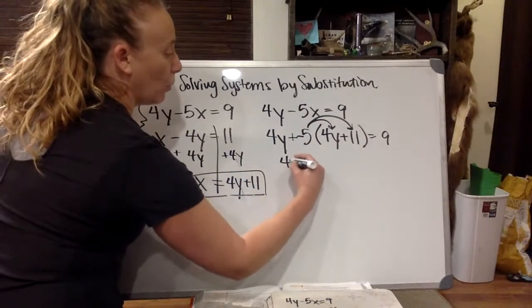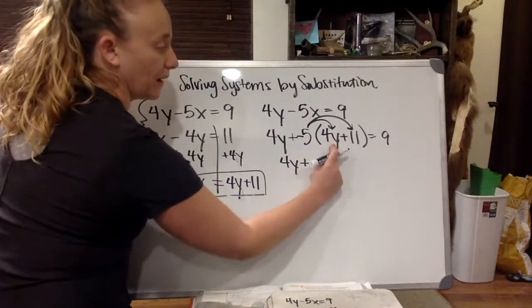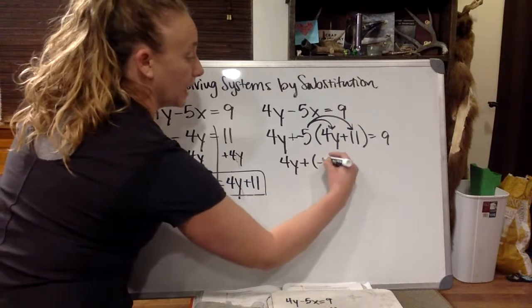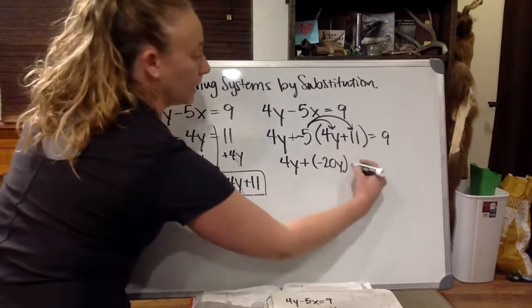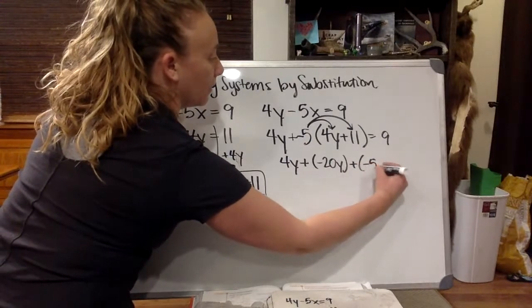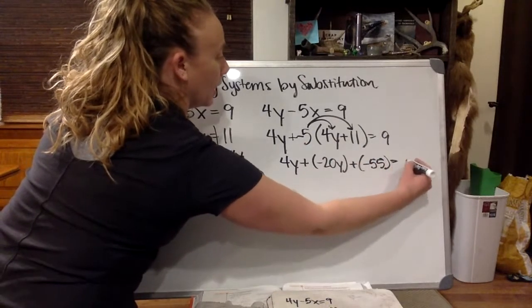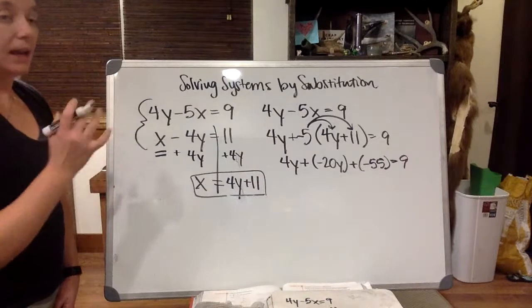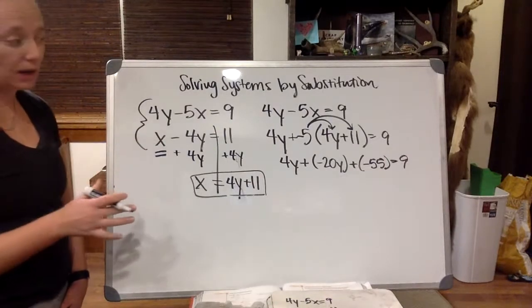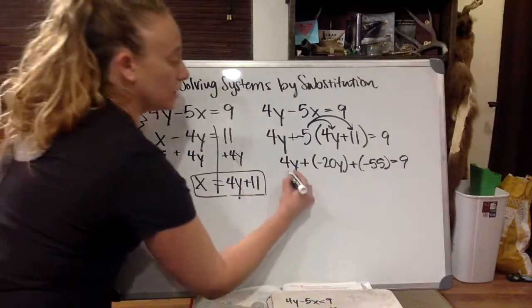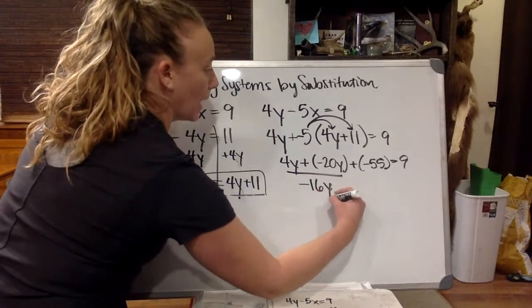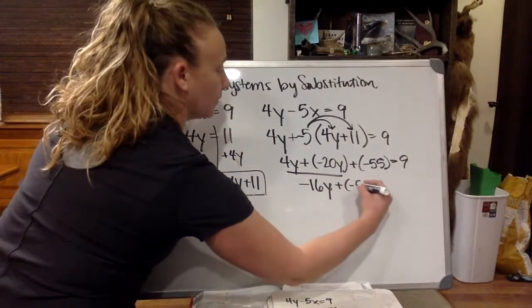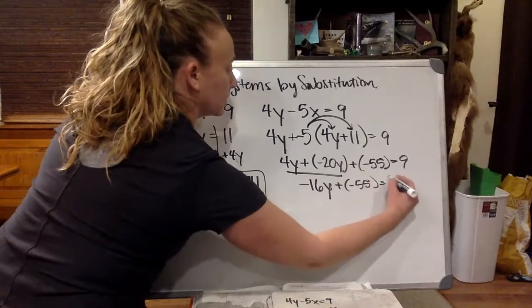So I get 4y plus negative 5 times 4y is negative 20y, and negative 5 times 11 is negative 55, is equal to 9. And now I can start simplifying and getting y by itself. So 4y plus negative 20y gets me negative 16y plus a negative 55 equals 9.